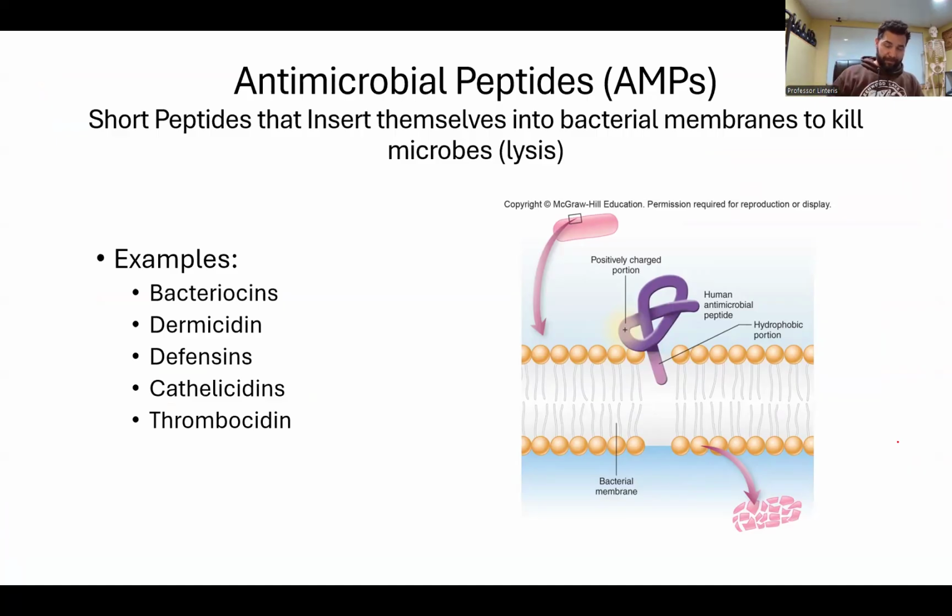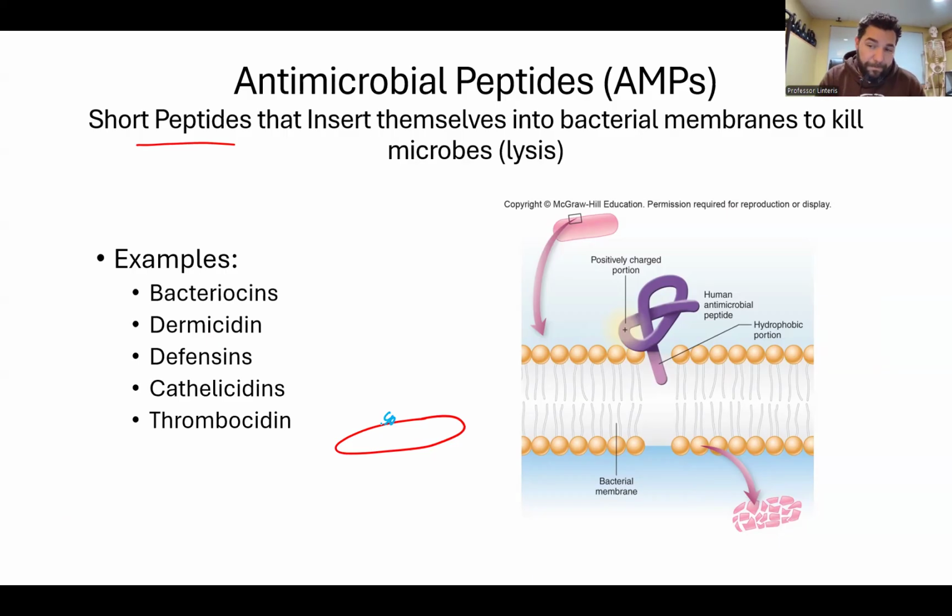And I'll do this one and I'll wrap that up. We have antimicrobial proteins, AMPs. They are literally chemicals, proteins, small peptide chains that go into a membrane of a bacteria. If this is your bacteria, this thing jams itself into there.